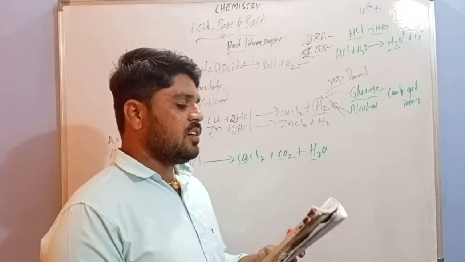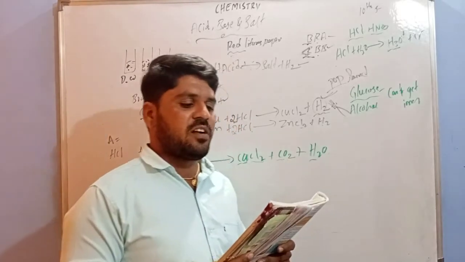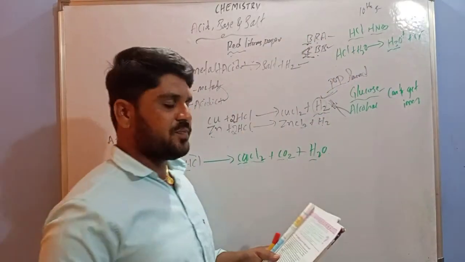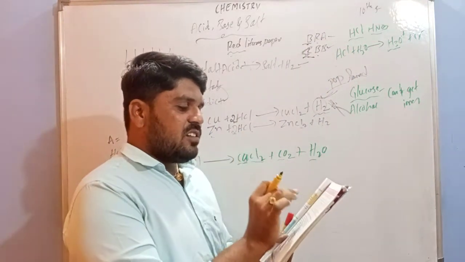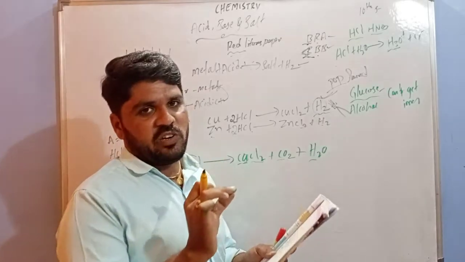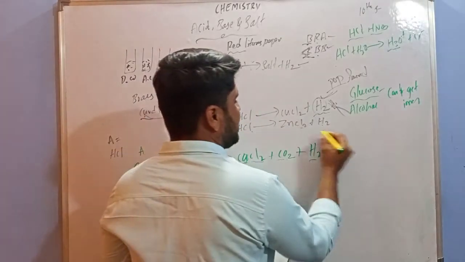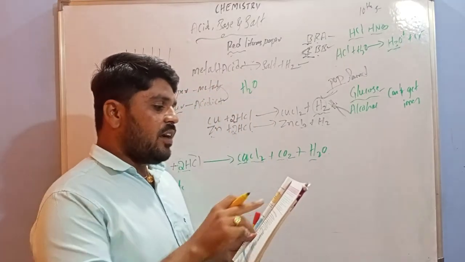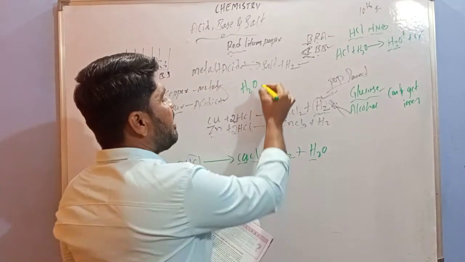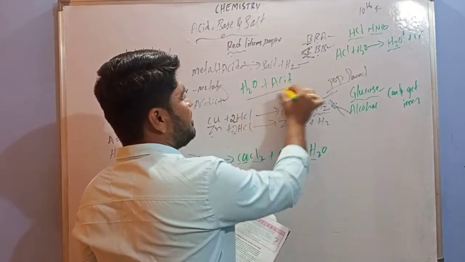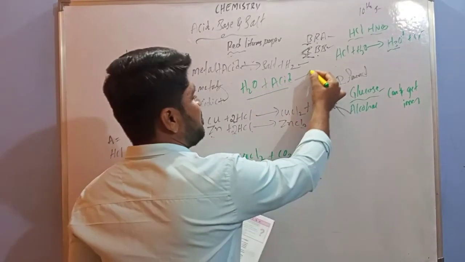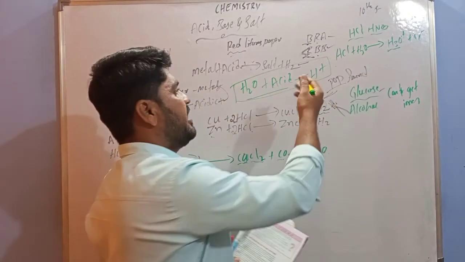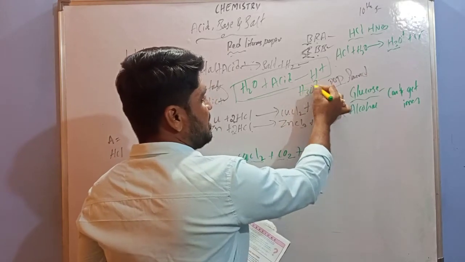Okay. The next: why does an aqueous solution of an acid conduct electricity? This is similar to the first question. So please remember, just carefully observe. Aqueous solution, aqueous means H2O. When an acid reacts with water, it produces H plus ions, that is H3O plus.